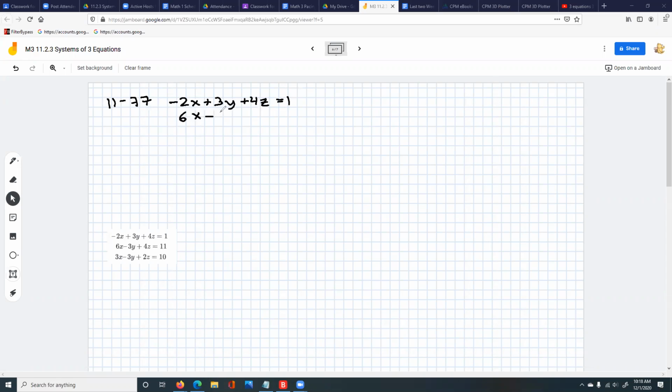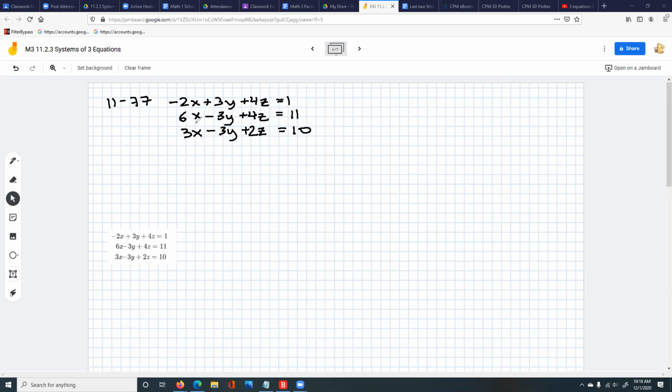So that's the first step, make sure you copy down the equations correctly. Last equation, 3x minus 3y plus 2z equals 10.